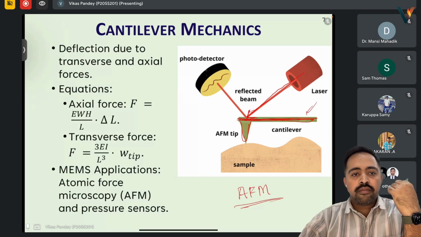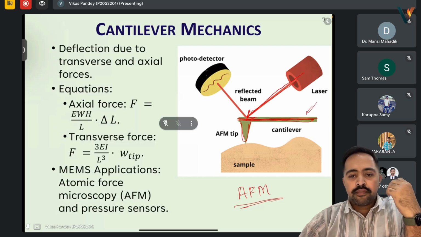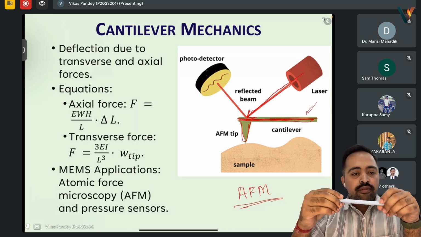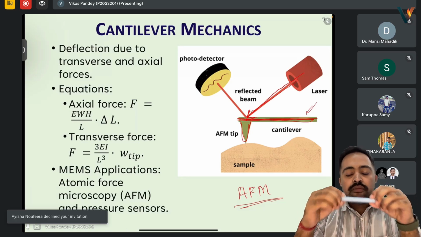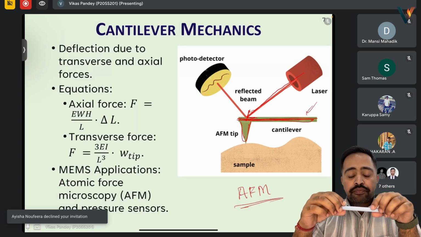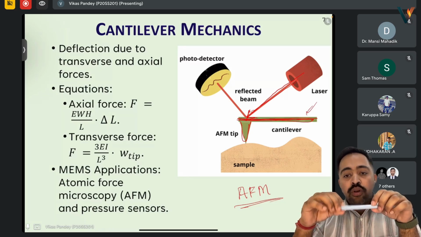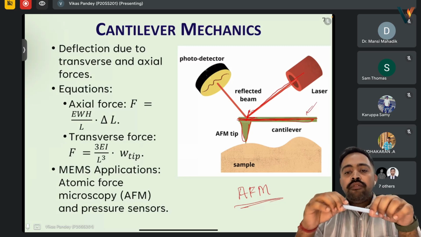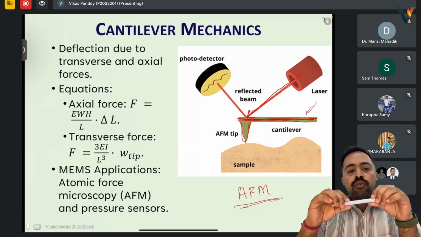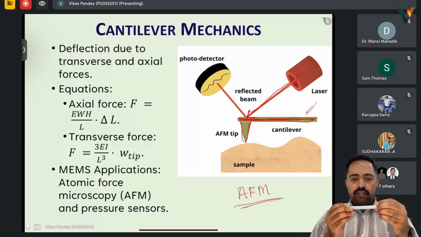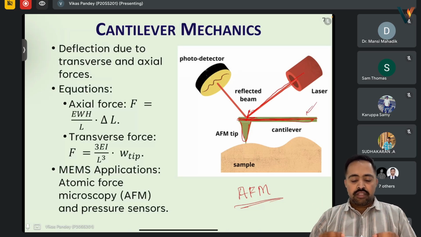No. So any structure, when it is moving or vibrating or oscillating, will have two sets of forces over it. One is axial, that will try to move it in the right-left direction, and one is transverse, that will try to move it up and down.